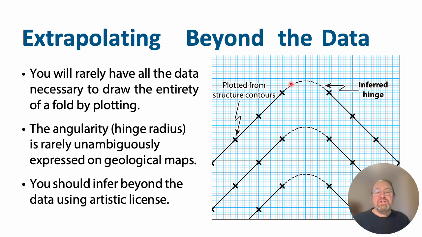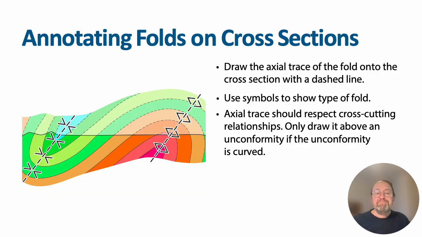So essentially you just have to fill that in, and we do that using this assumption of equal thickness, so that the thickness of the bed at the hinge is the same as it is in the limbs. And you just have to infer that and use a little bit of artistic impression to make a reasonable interpretation of the structure based on your understanding of the limbs.